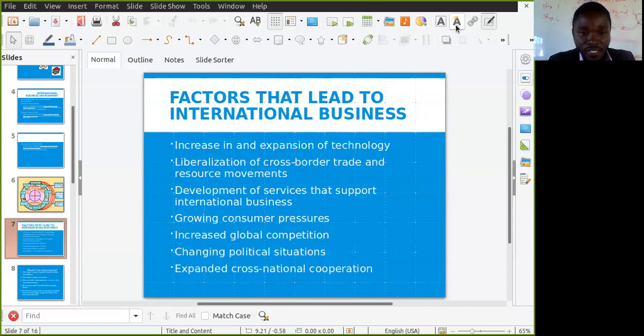Growing consumer pressures. A country might not have all the resources that it needs to provide for the consumers. And a business in a given country is operating, producing, and is experiencing supply and demand. What do we mean by growing consumer pressures?